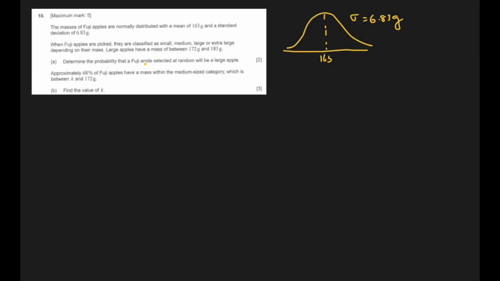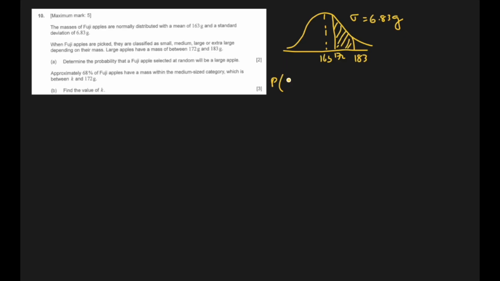Determine the probability that a Fuji apple selected at random will be a large apple, and it is between 172, suppose here, 172 and here is 183. This is the probability that it will be between 172 and 183. So what we need to do here is we have to find the p-value.